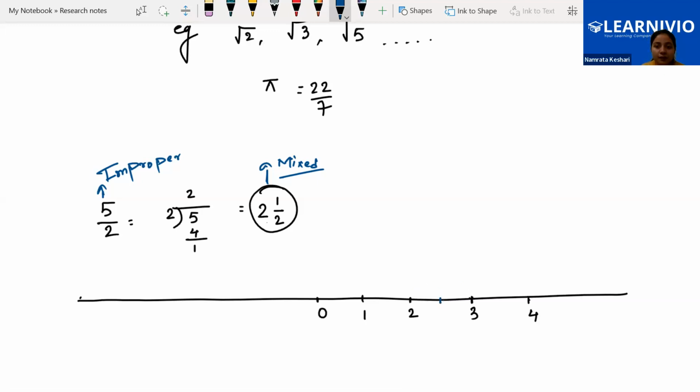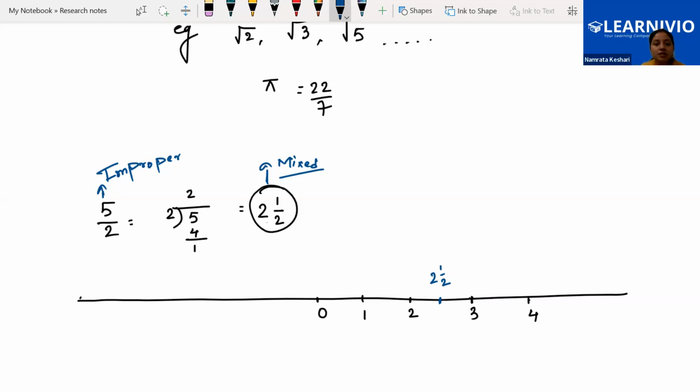Now this one line here will be 2.5. Yes or no? Yes, ma'am. Saad, are you getting it? This is how we used to represent rational numbers on the number line, on the real line, right?